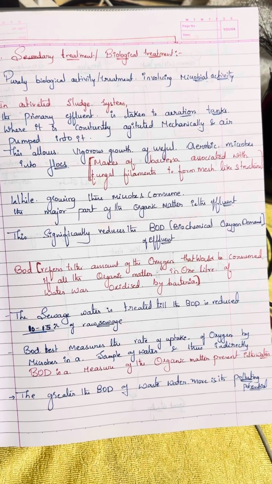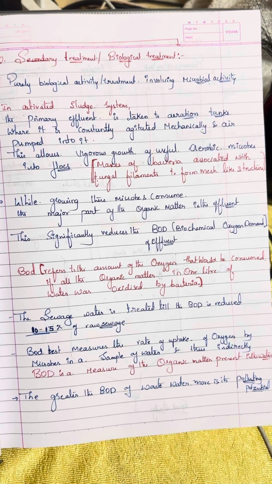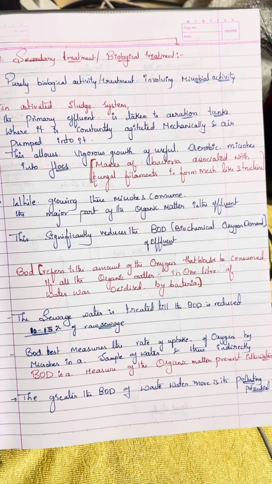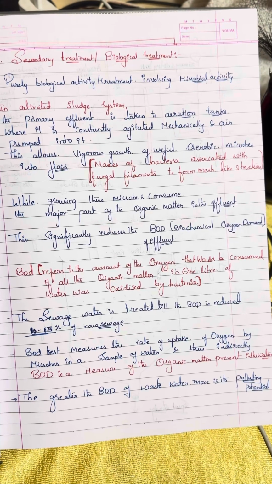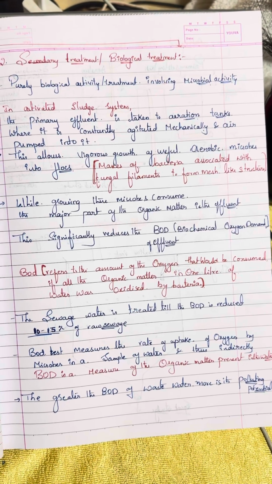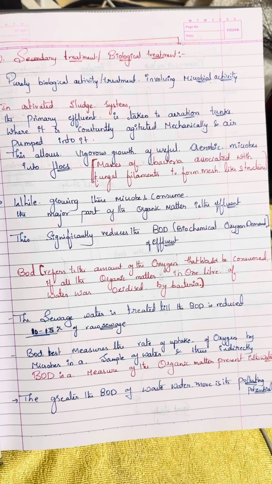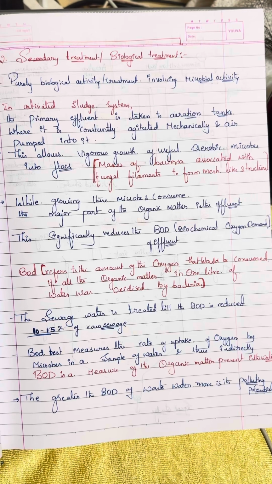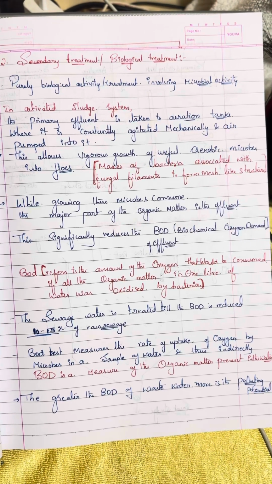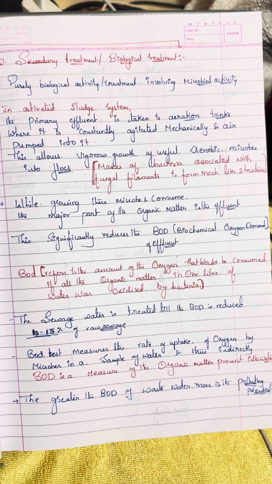This significantly reduces the BOD, that is the biochemical oxygen demand, of the effluent. BOD refers to the amount of oxygen that would be consumed if all the organic matter in 1 liter of the water was oxidized by the bacteria. The sewage water is treated till the BOD is reduced to 10 to 15% of the raw sewage.